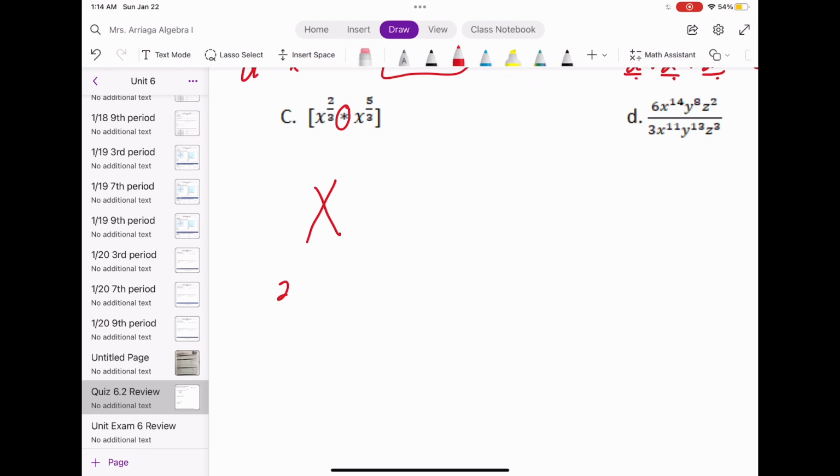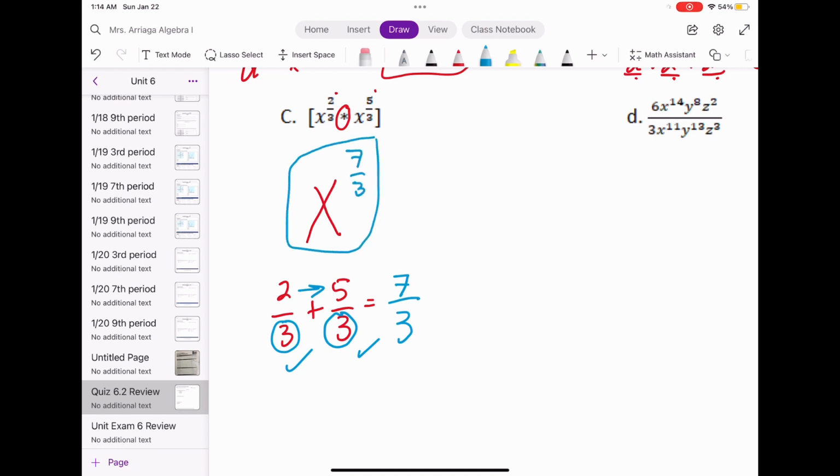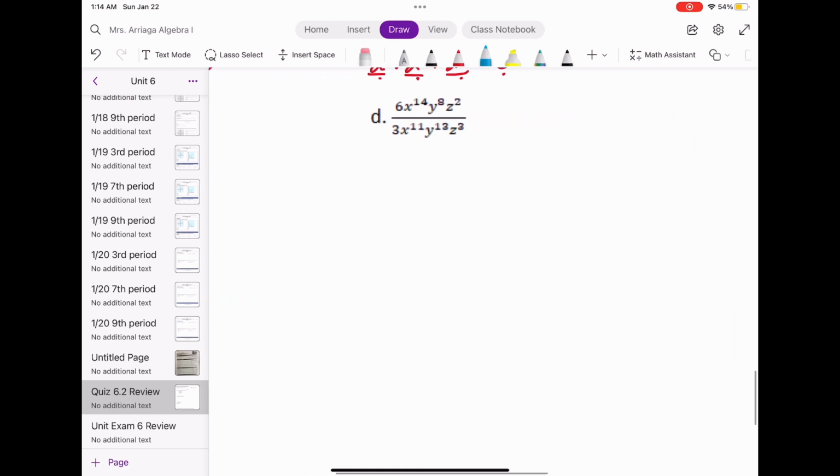So we have 2 over 3 plus 5 over 3. And do you remember how to add fractions? Well, we need a common denominator. Is that denominator the same? Yes. So that means that we can add up the top numbers and the bottom number just stays. So we get 7 over 3. So our answer is going to be x to 7 over 3. And that's it.